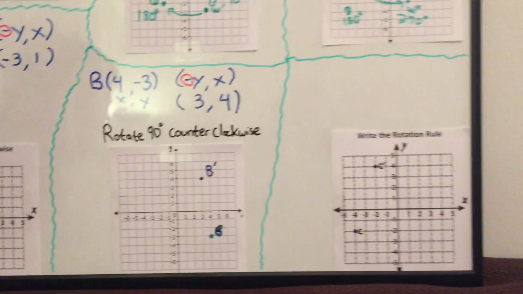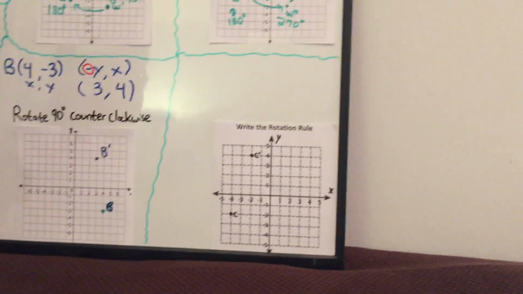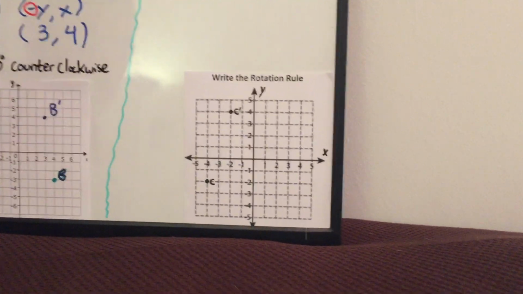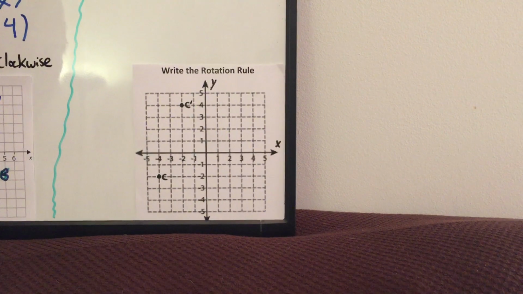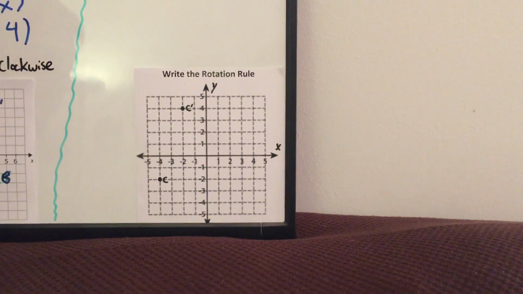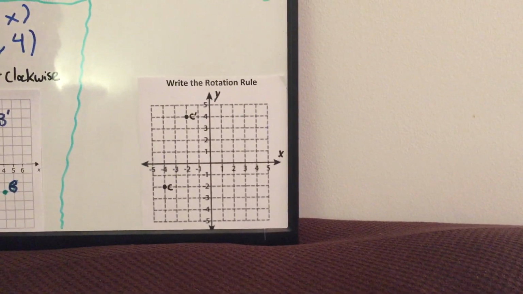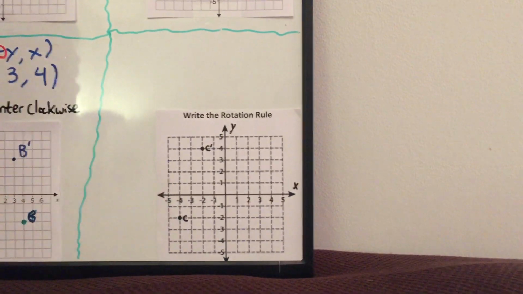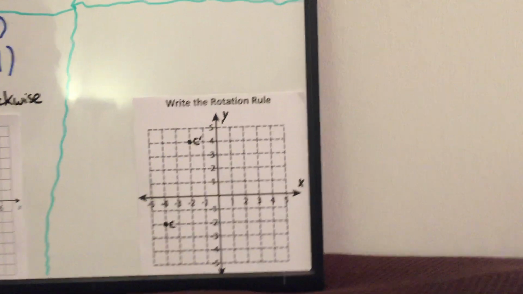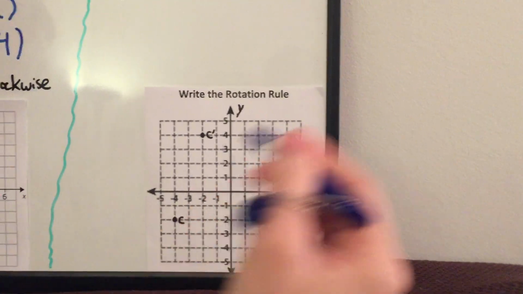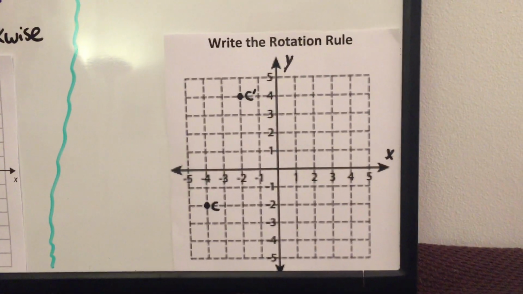The last question we got to talk about is how we write the rotation rule. So you can actually get 2 possible answers here. You can either do it clockwise or you could do it counterclockwise. I am going to do it one way, and I want you to write the answer the other way. So right here, I'm just going to choose, and let me pick a different color.